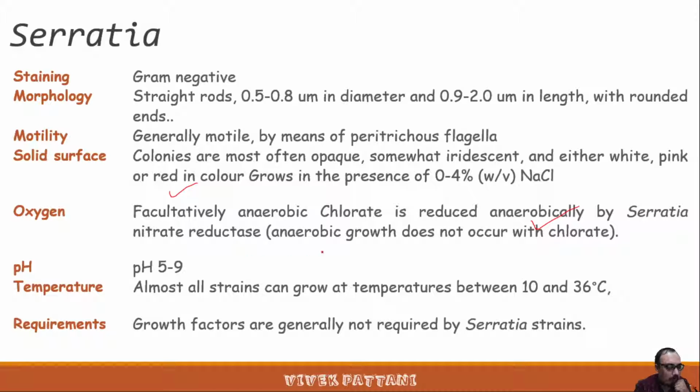One important note: anaerobic growth does not occur with chlorate. They have an optimum pH of about 5 to 9, and almost all strains can grow in a temperature range of 10 to 36 degrees Celsius, and there are no special requirements for the Serratia strains.